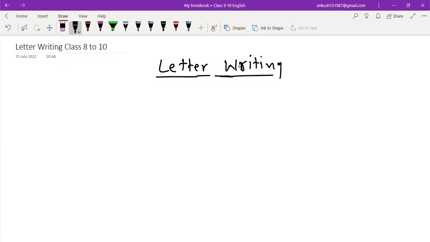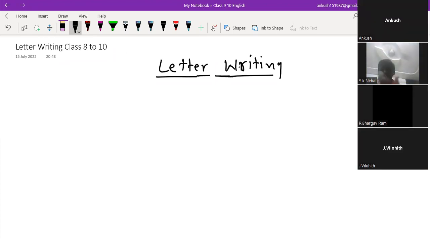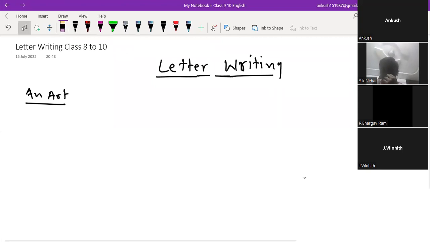If we say letter writing, actually it is an art. And every art requires some decorative things, isn't it? Suppose you are not decorating it, it would become very ugly and would not be appreciable by anyone.